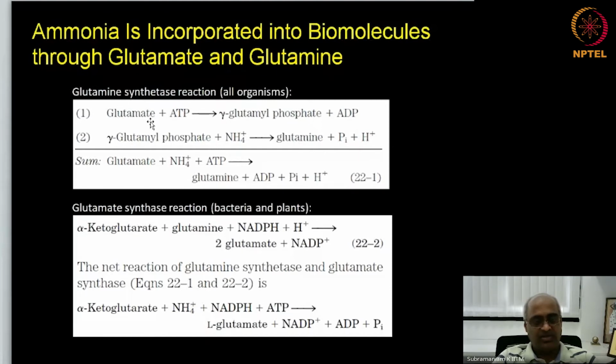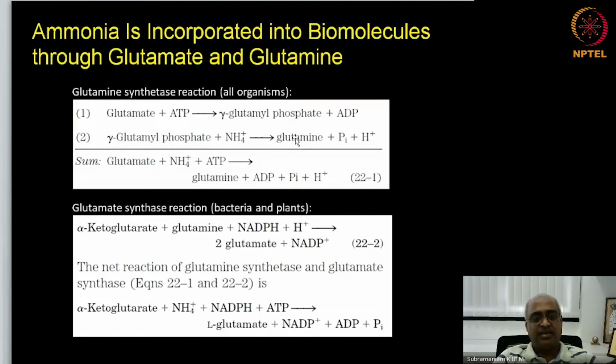This is an amino acid. Remember this is a carboxylic acid side chain containing amino acid, CH2 CH2 COOH is its side chain, carboxylic acid, and that gets aminated to form glutamine.